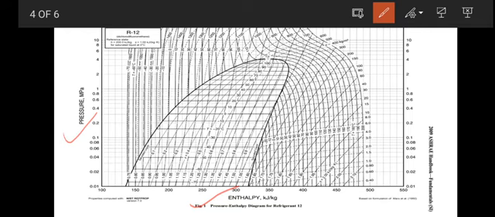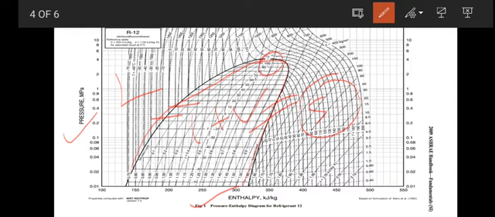Then this is our dome. This is the critical point, this line is indicated as the saturated vapor line, and this line as the saturated liquid line. This region is the superheated region, this region is liquid plus vapor, and this is the liquid, that means the subcooled liquid region.